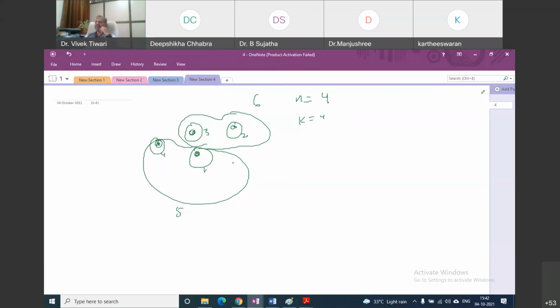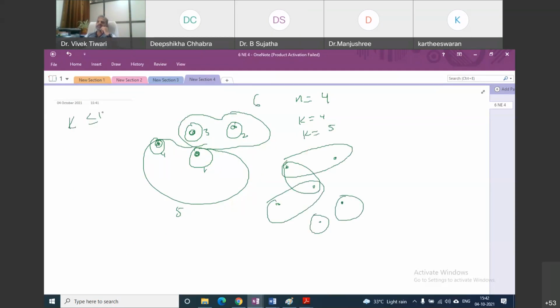So in soft clustering, you start sharing the data items. Or in a different way you can do it like that. This is cluster 1, this is cluster 2, this is cluster 3, this is cluster 4, this is cluster 5. K is equal to 5. So K is always less than N if there is hard clustering.